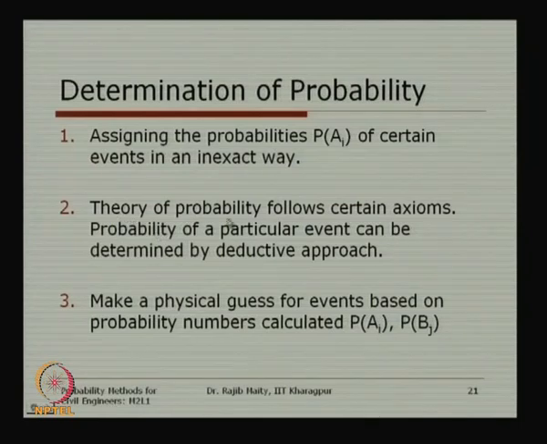Second, the theory of probability follows certain axioms. Just now we have seen what axioms a probability follows. So the probability of a particular event can be determined by the deductive approach. And the third one, what we have seen, is to make a physical guess of the event based on the calculated probability numbers pi and jb.